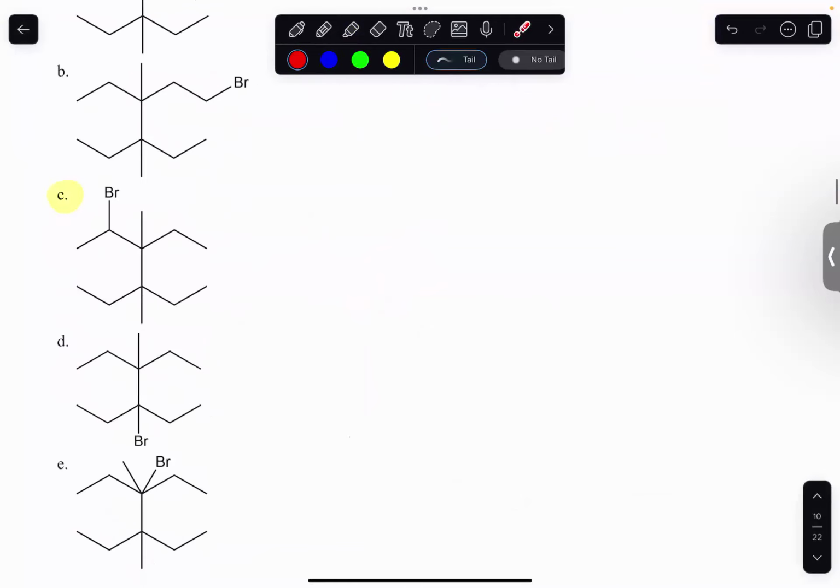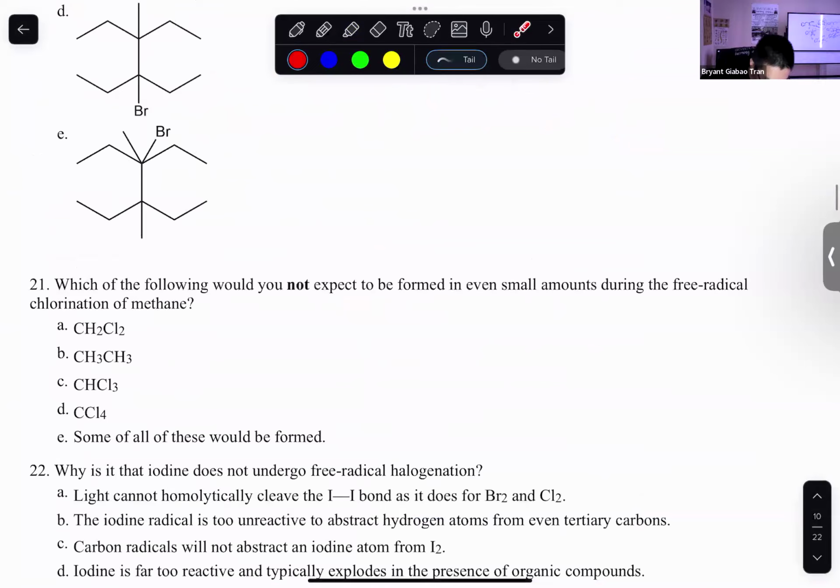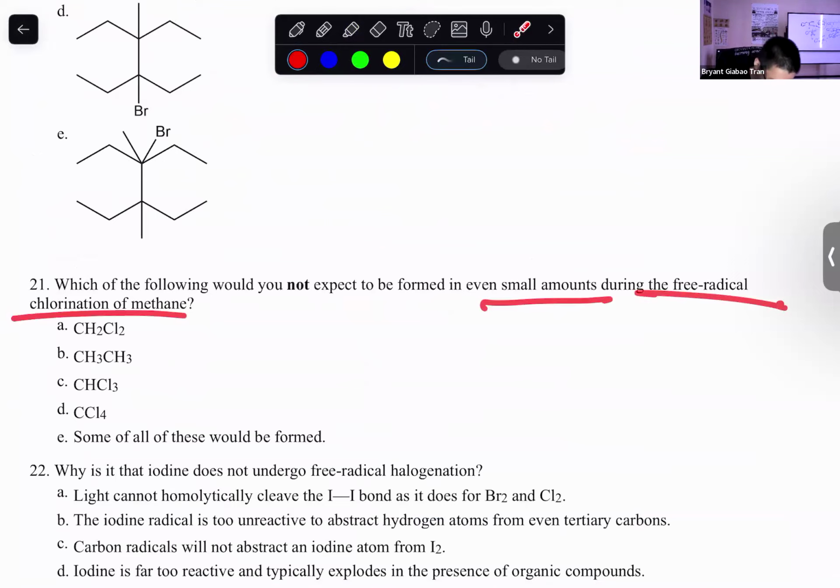Okay, one more. Also for 21, how would you know which of the following would you not expect to be formed in even small amounts during free radical chlorination of methane?